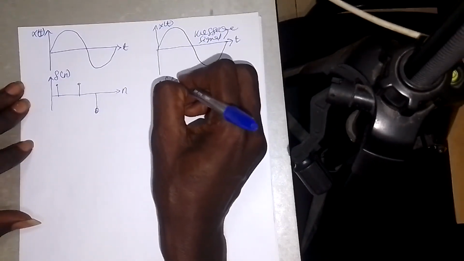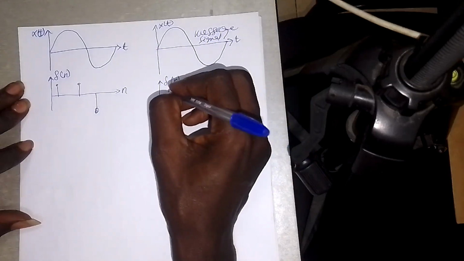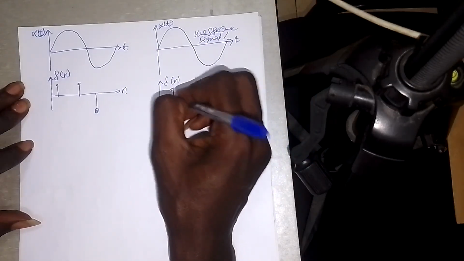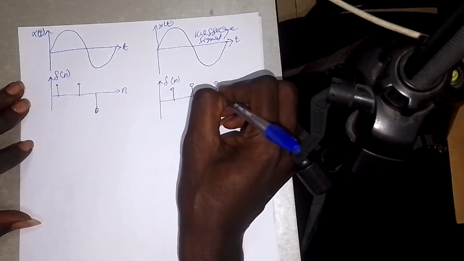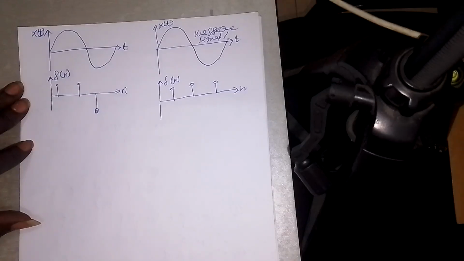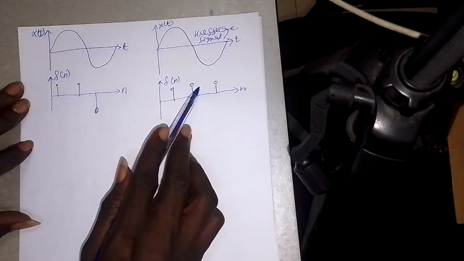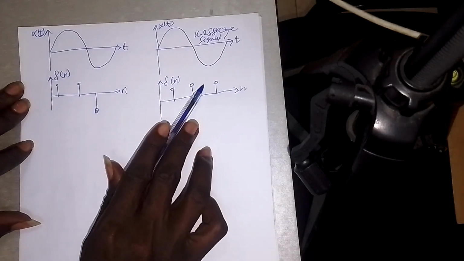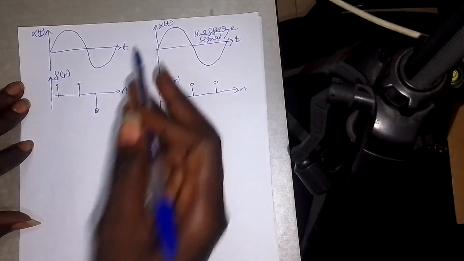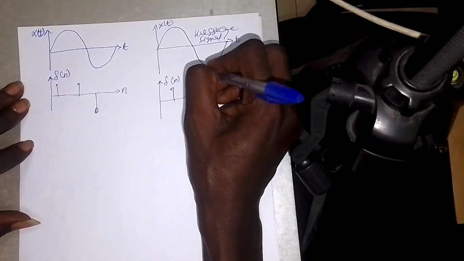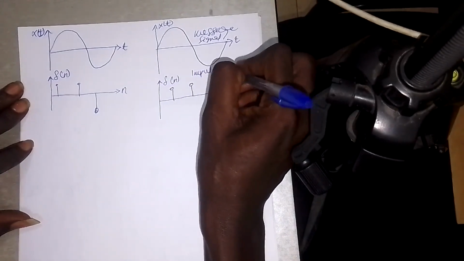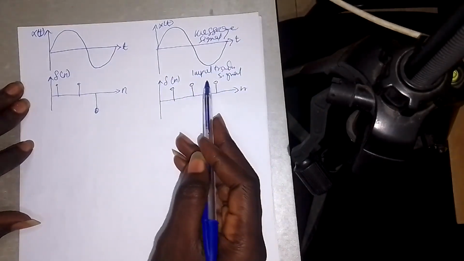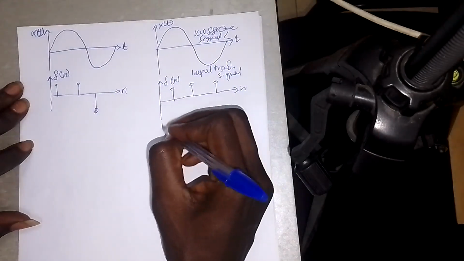So here is delta of n, and they are wide apart, like here, here, and here. Now if I multiply my impulse train signal with my message signal, this is the signal I'll be able to construct.